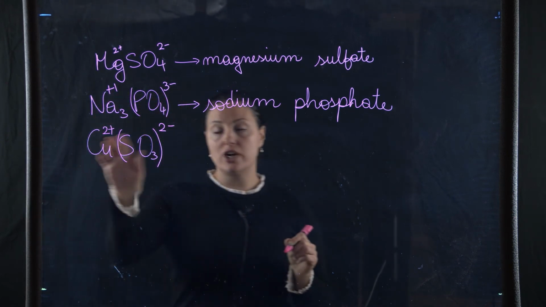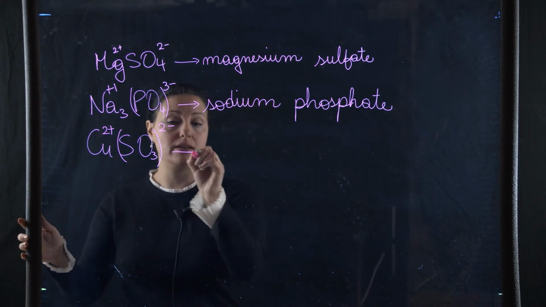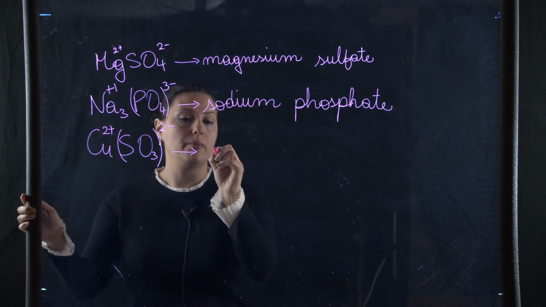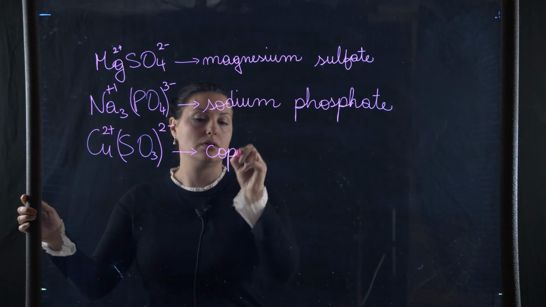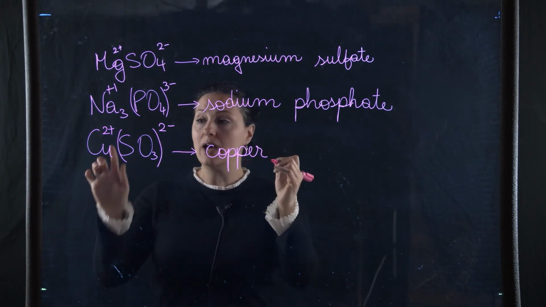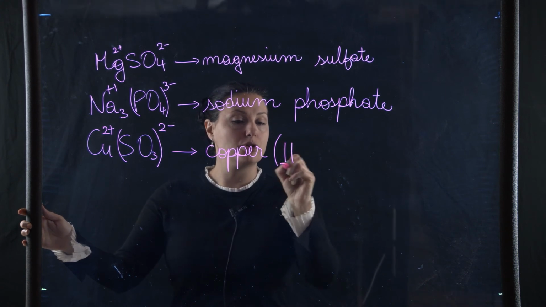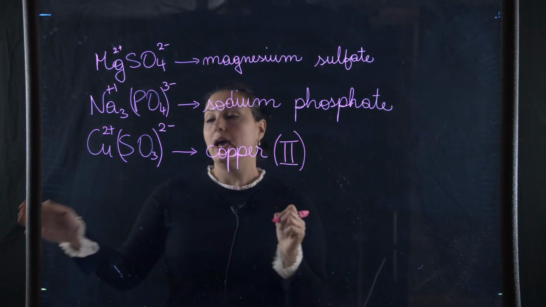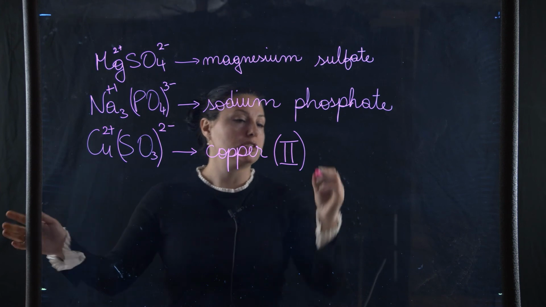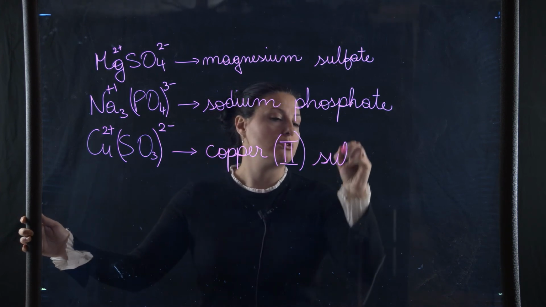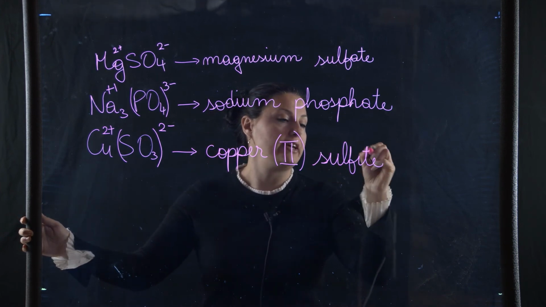It tells me the charge on the copper, so when I go to write the name, I would say copper. And now I would have to specify that charge, copper 2, and then I would name the polyatomic ion, which is sulfite, not sulfate.